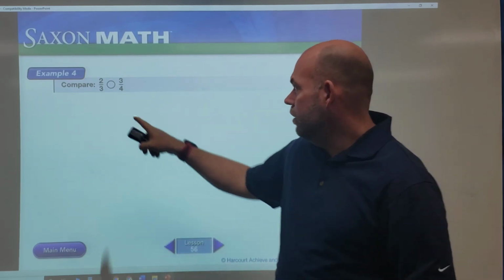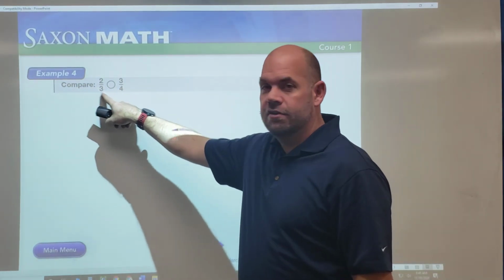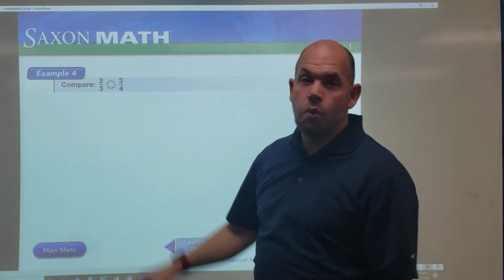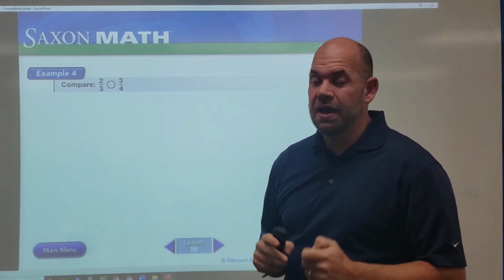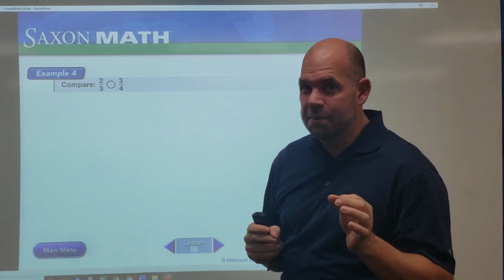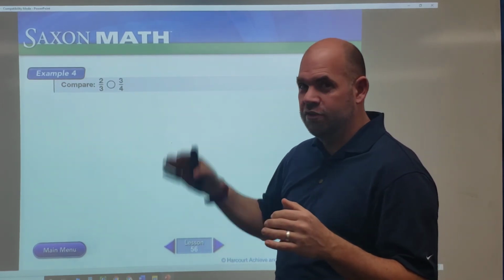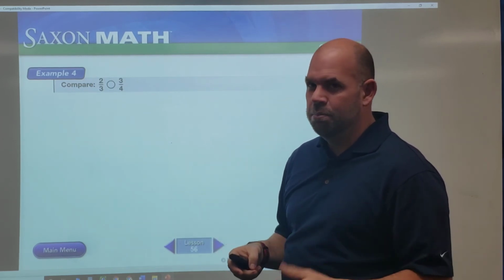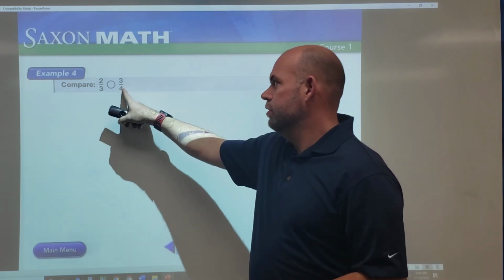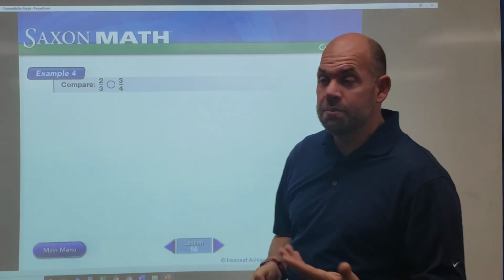But to get a true comparison, we need to change these denominators to be the same. Now 3 times 4 is 12, so we know a common denominator is going to be 12. Now to figure if that's the least common denominator, we can think, are there other factors that are smaller? Well, there aren't. We could think 6, they don't both go into 6. 4 times 2 is 8, 3 can't go into 8, so it's going to be 12.